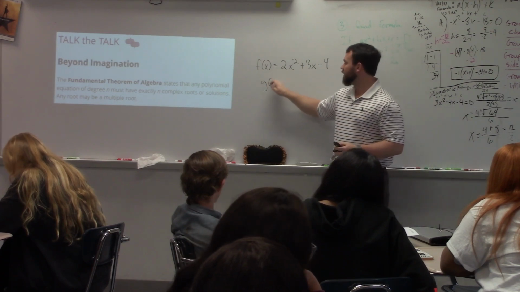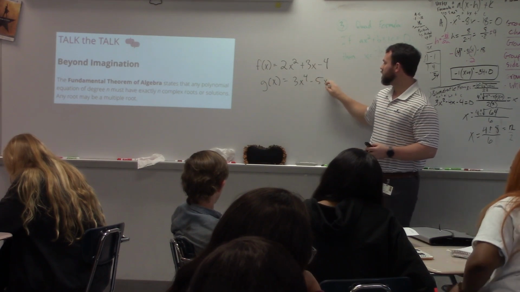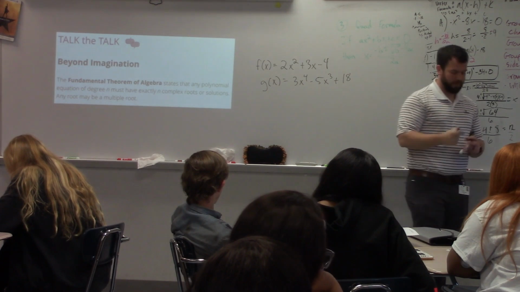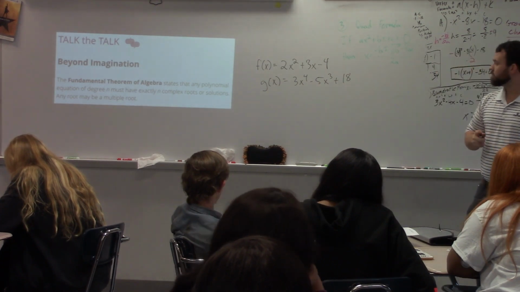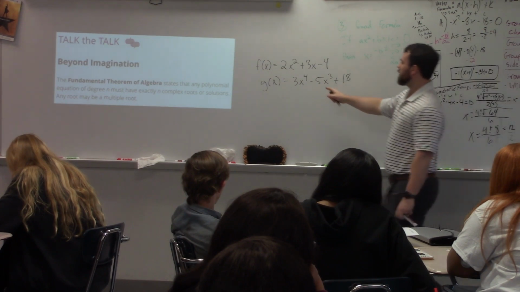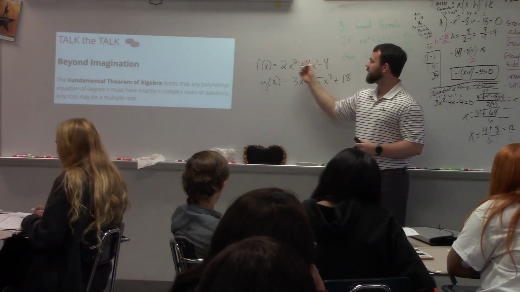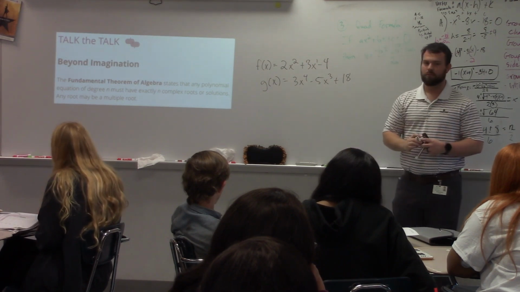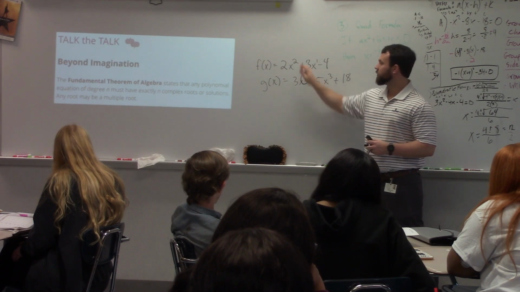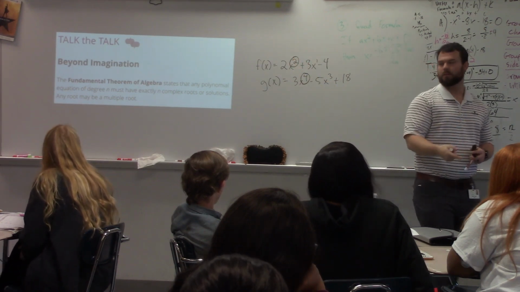So if I were to think about this function, anybody know what the degree of that function would be? Close. I know why you're thinking that. But remember, this is x to the first. Did you add those exponents? To the fourth degree. This was second degree, right? Whatever the highest degree is in standard form, that's the degree.